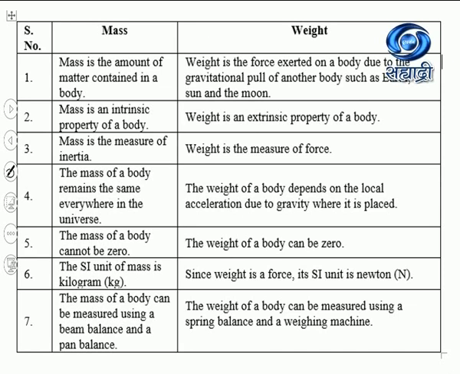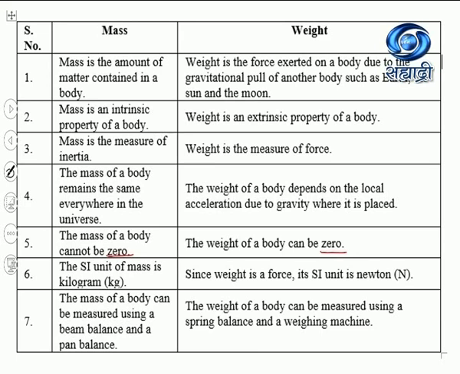Mass of a body remains the same everywhere in the universe. And weight of the body depends on the local acceleration due to gravity where it is placed. And as we have learned, acceleration due to gravity keeps on changing from place to place. The mass of a body cannot be zero, but the weight of a body can be zero.